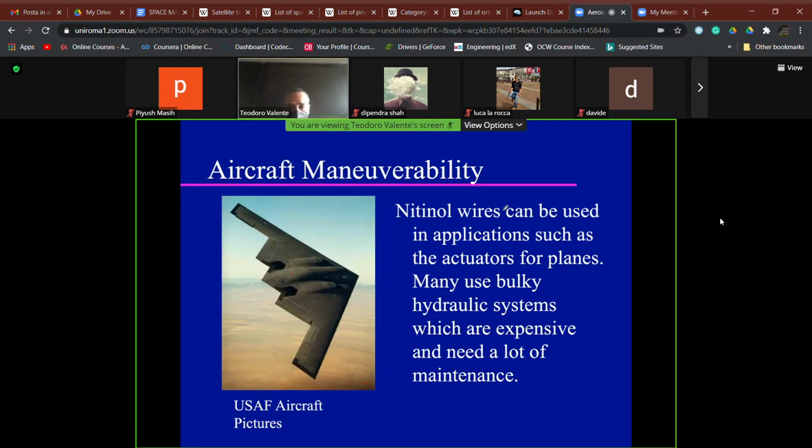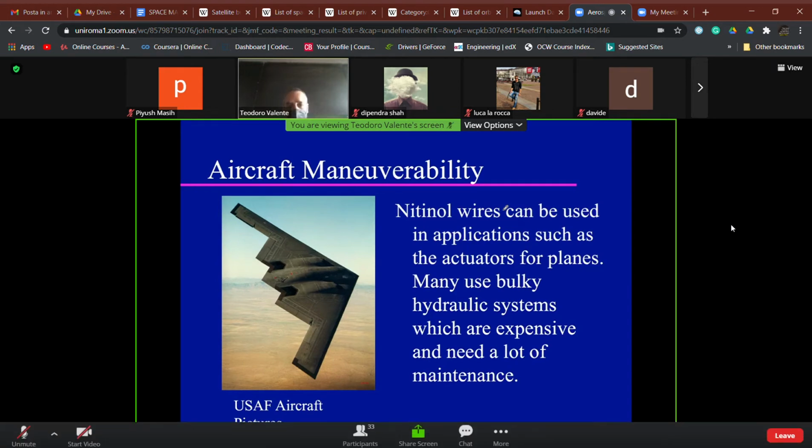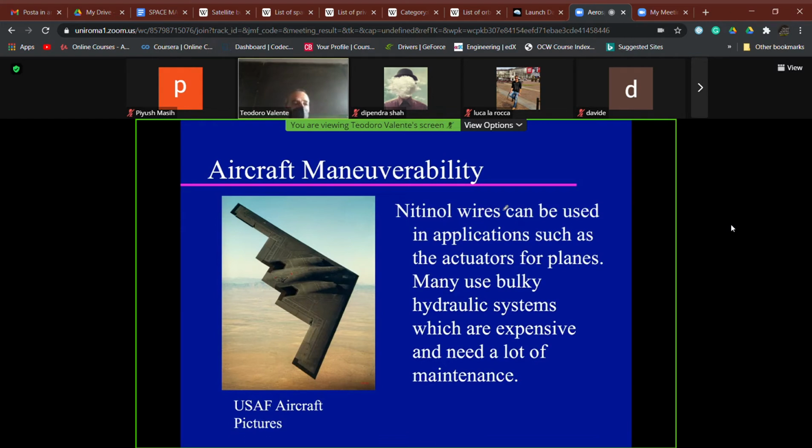Also in some very special applications like this one, you can recognize, which is not a commercial airplane for passengers but has another target, knitting of wires has been used for actuation systems.